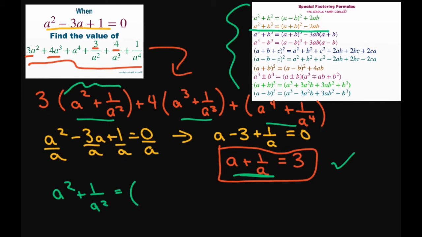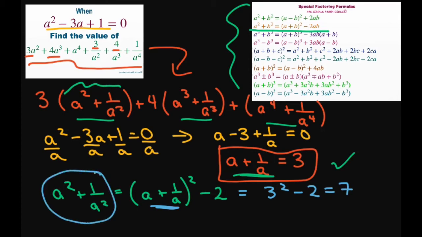That's going to equal a plus 1 divided by a, then you square it, minus 2ab, and that's just 2 times 1 times 1. Well, we already know what this is. This is going to be 3. So this is going to be 3 squared minus 2, and this equals 7. All right, so that's what this equals.